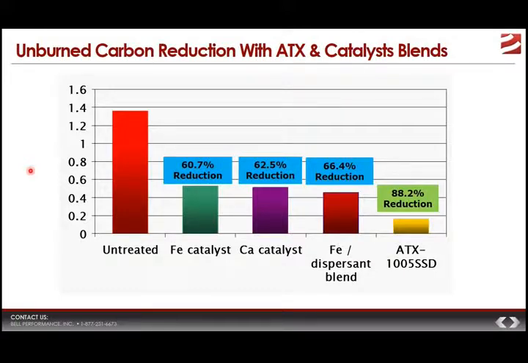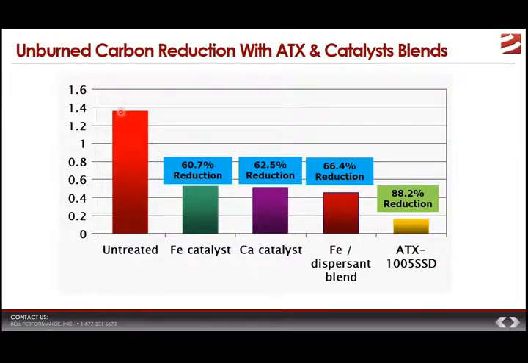Untreated heavy fuel oil was used for all of these because, in order to be scientifically rigorous and meaningful, you do have to do something like that. So untreated fuel oil, they burned it under controlled conditions. They were left with, we'll say, 1.35% by mass unburned carbon.